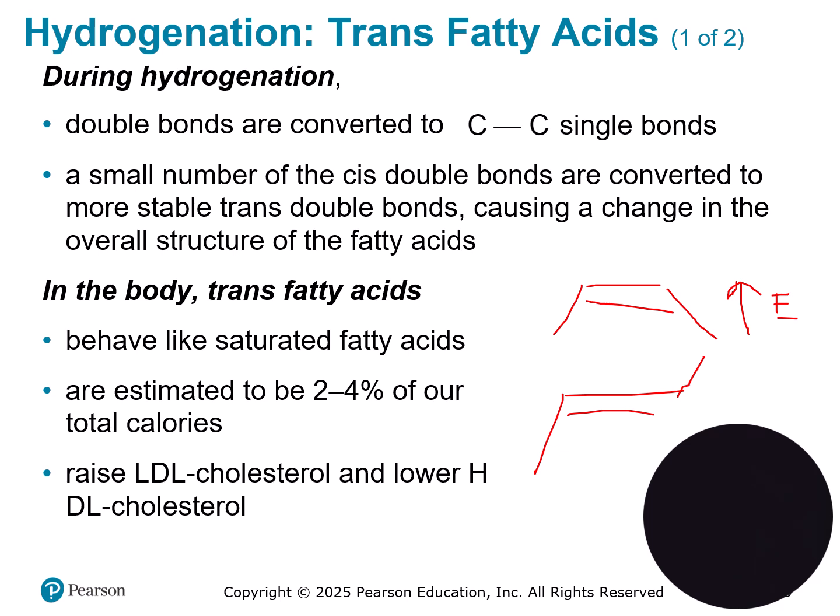Now, here it talks about trans fatty acids. They behave pretty much like saturated fatty acids, right? So they are unsaturated, but they're trans, and so they don't have that kink that cis double bonds have, which makes cis more oil-like, right? It is also the same thing with LDL cholesterol and lower HDL cholesterol.